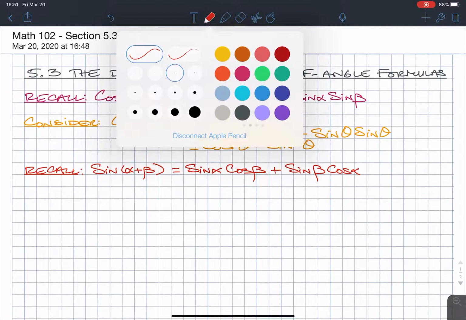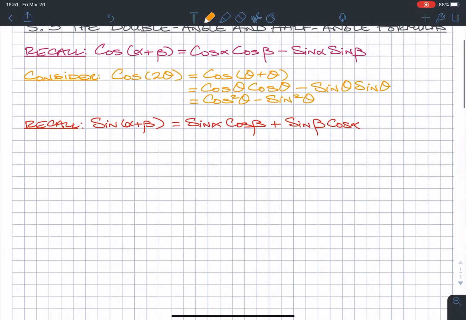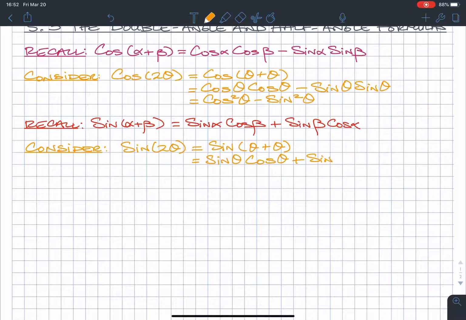Okay, so now let's consider sine of 2 theta. Once again, I'm going to break this up into sine of theta plus theta. So using the formula above, it's sine of the first, theta, times cosine of the second, theta, plus sine of the second, theta, times cosine of the first, theta. So that is, I have 2 of sine theta times cosine theta.